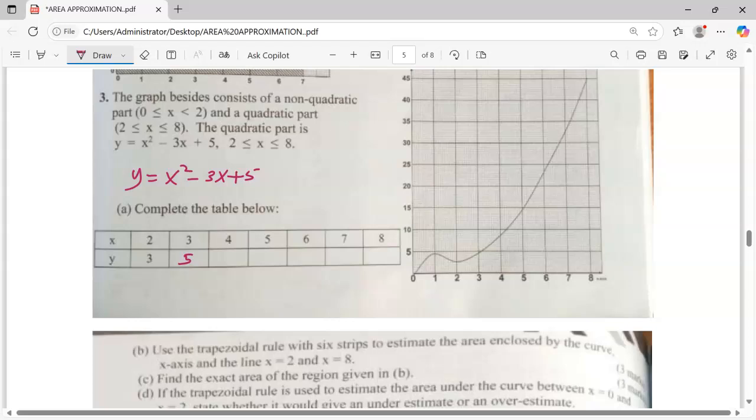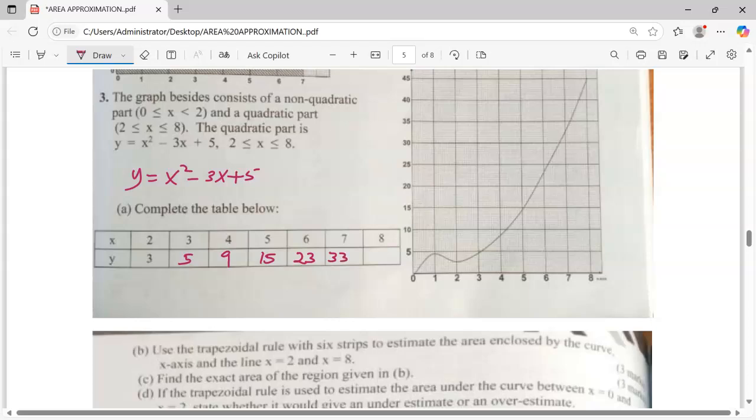When the value of x is 4, you substitute 4 in the quadratic expression. You are going to get the value of y as 9, and when x is 5, y is going to be 15. When x is 6, you get the value of y to be 23. And when it is 7, you'll get 33.